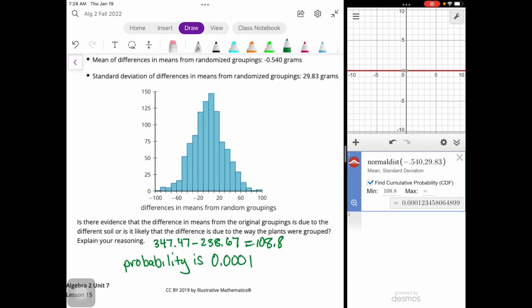That is a very small probability of getting that value. So this difference, because it's so small, means that it's more likely due to the soil than the way that the plants were grouped. So the soil is likely the reason, because that probability of getting such an extreme value for the difference is so small.